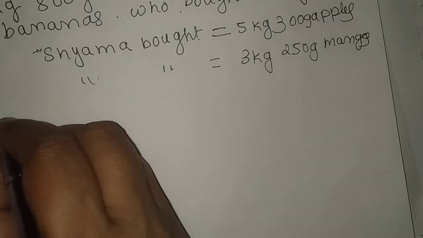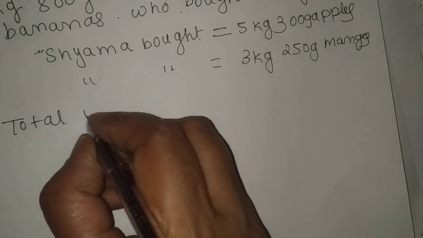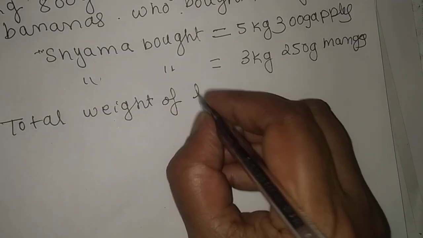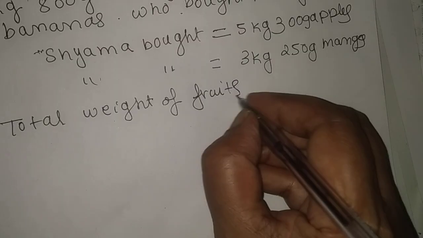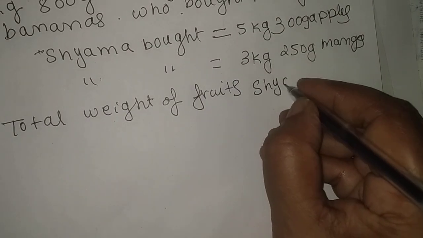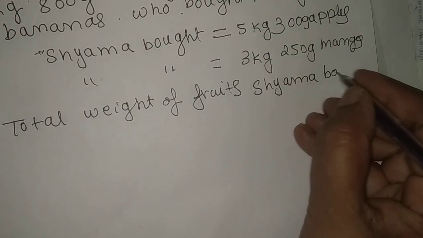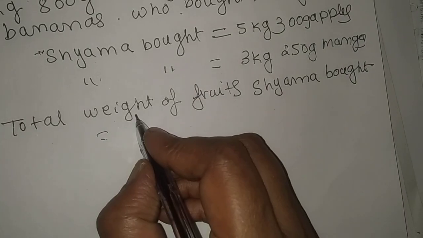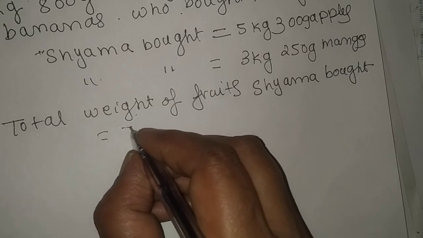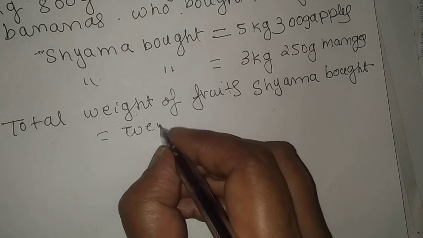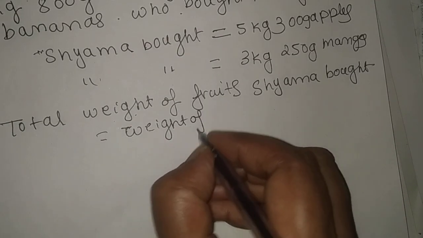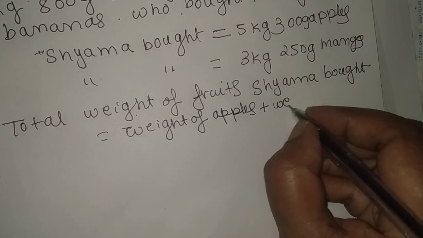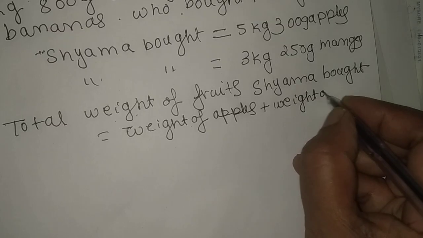So the total weight of fruits Shama bought: add the weight of apples plus the weight of mangoes.